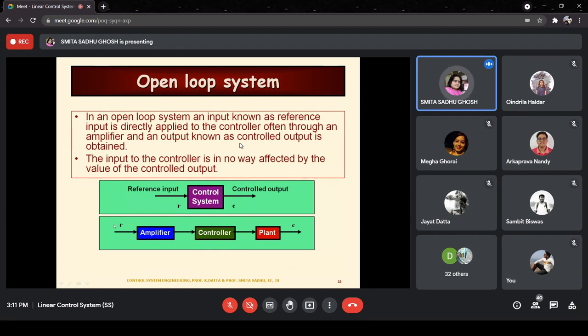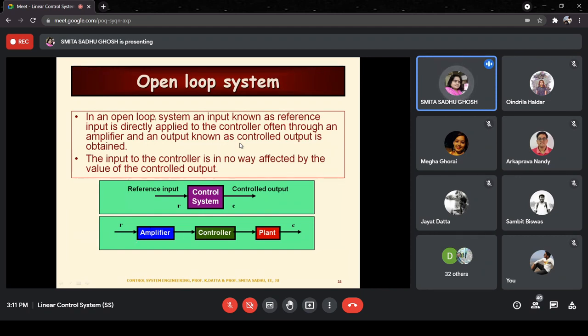Say, for example, if the reference input is applied as an electrical signal, maybe a pressure has to be applied to the plant, some valve has to be opened. So basically the controller, in such an open loop system, only performs the objective of generating the plant input on the basis of what the input is, right?